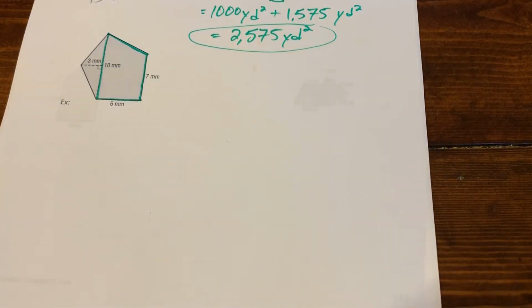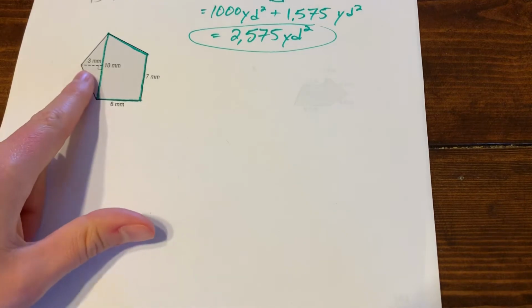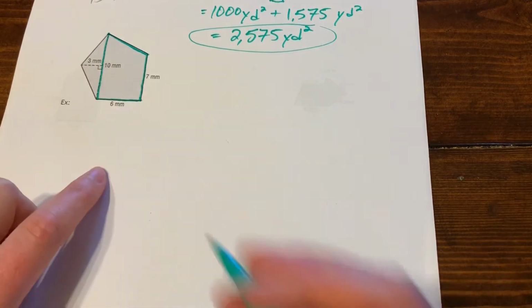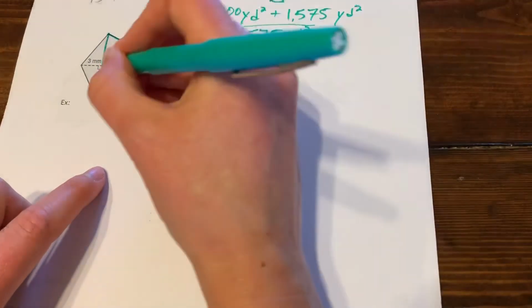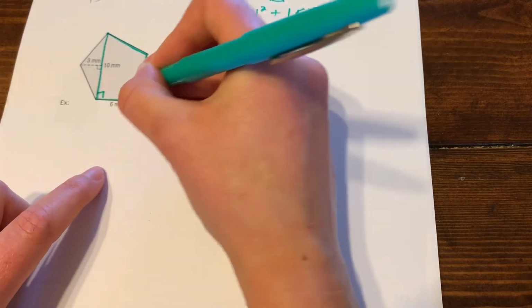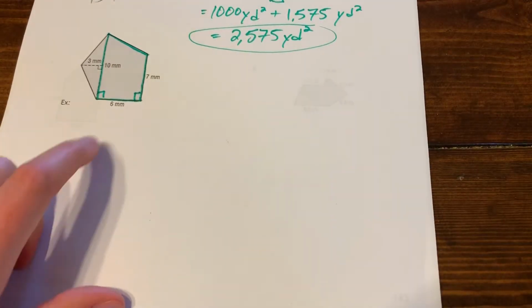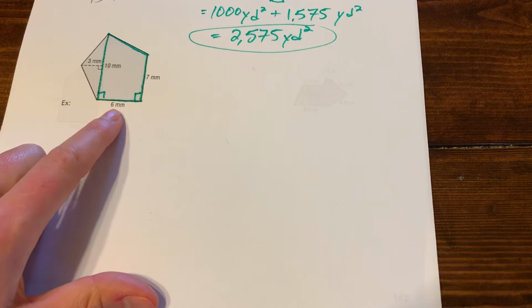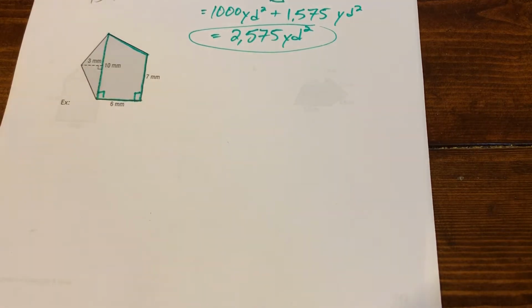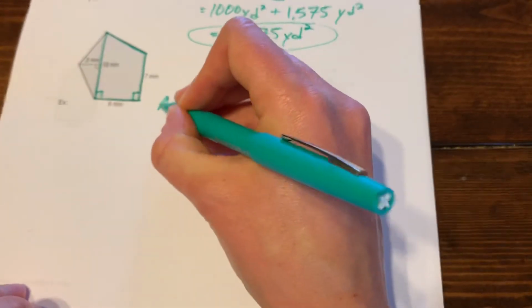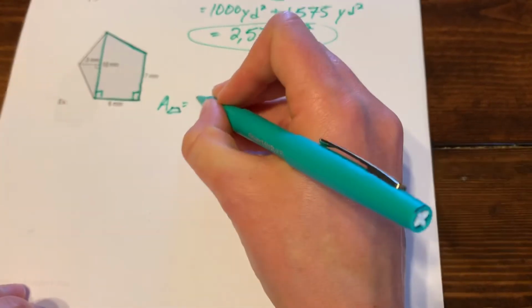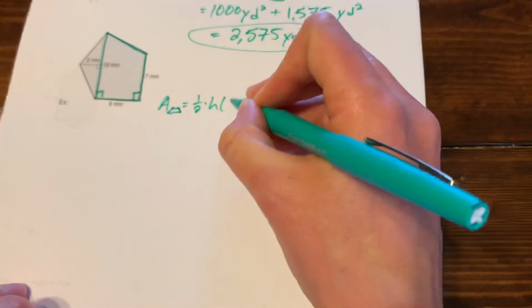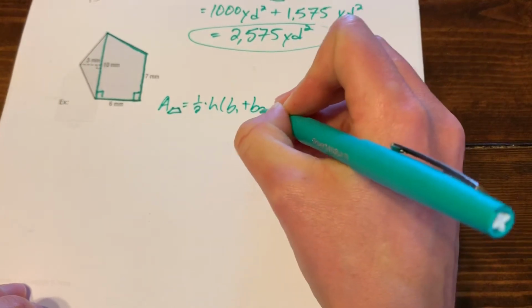Okay, so I'm gonna go ahead and tackle the area. Let's do the area of the trapezoid first. And even though it didn't indicate, it does appear that these are perpendicular. And I'm telling you right now, because I didn't give you enough information, we're gonna use that as the height. So we're gonna assume they are perpendicular to the bases. So we know the area of a trapezoid is 1/2 times the height times the sum of the bases.